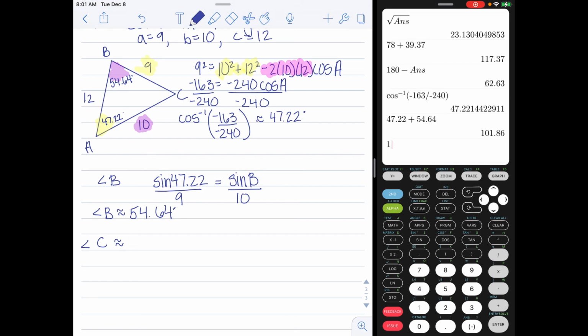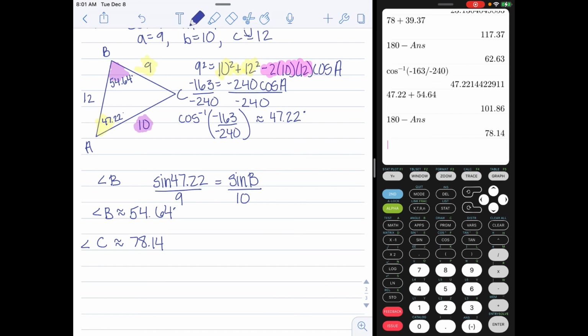Take that answer away from 180, and I got that to be about 78.14. Plug that guy back in to my diagram. All right. Okay, guys, this is the end of part 1. Good job with the law of cosine. Make sure you go to part 2.